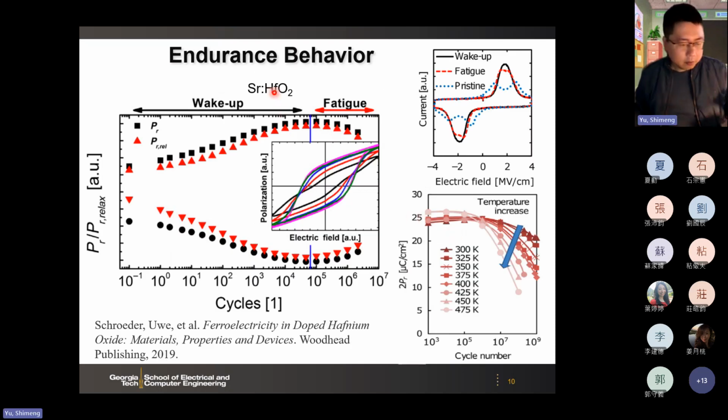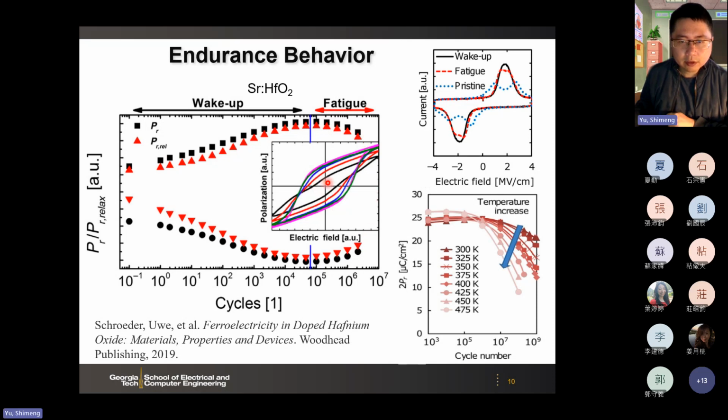Okay, then the ferro endurance. How many cycles can you switch the ferro dipoles up and down? Typically you will have the so-called wake-up and fatigue phases. Initially, the PR window, the memory window, is small. As you cycle, you can open the window, but eventually the window will degrade.